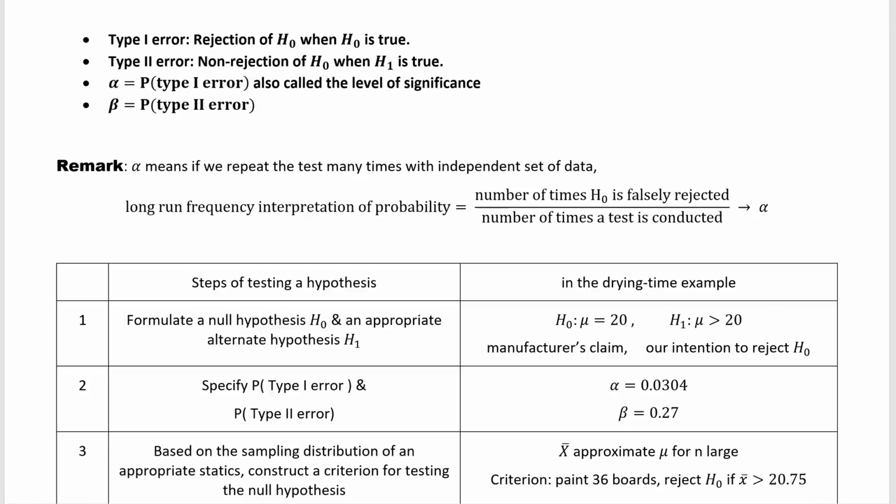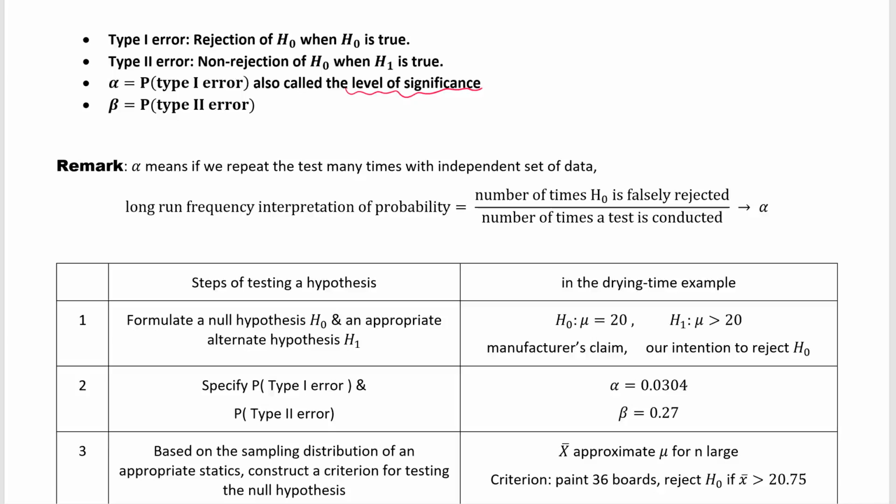Alpha is the probability of type 1 error. It's also called the level of significance, so remember that name. And beta is the probability of type 2 error, which we won't discuss in detail in our course.